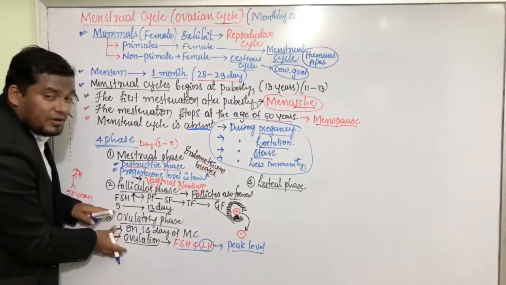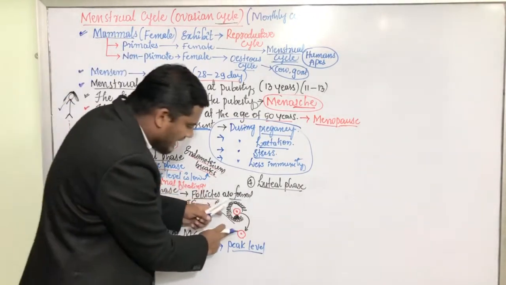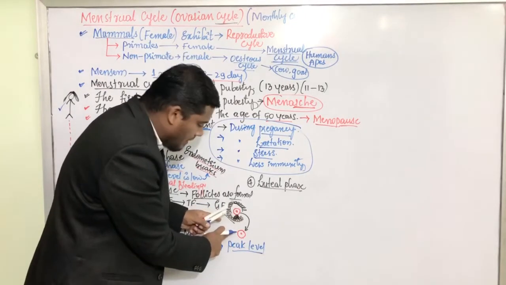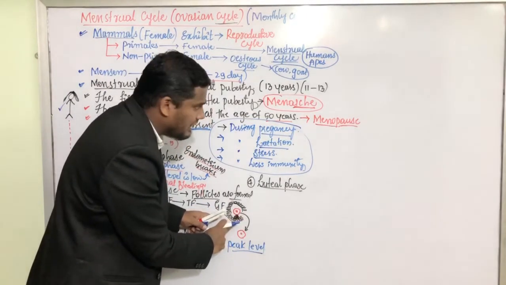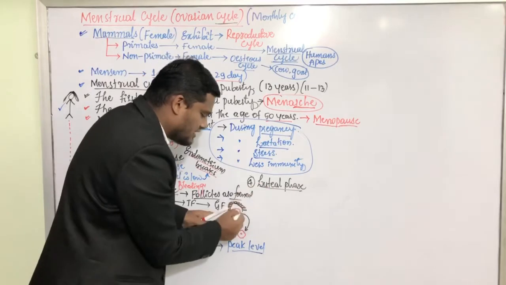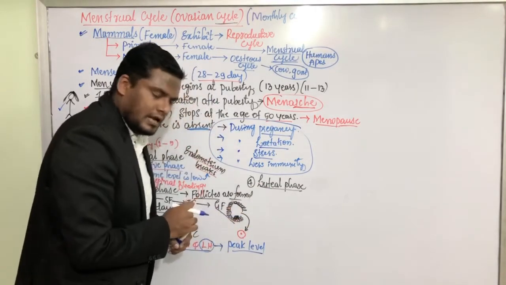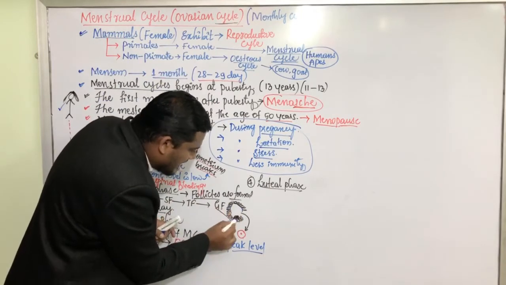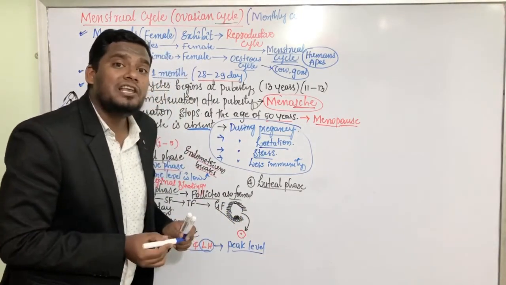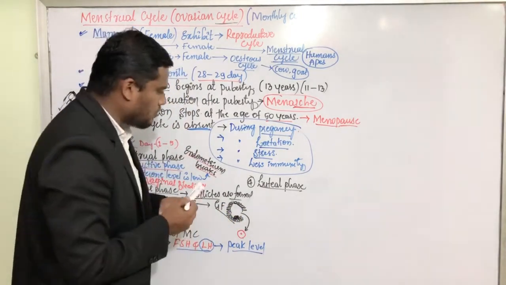Now after the 14th day, ovum gets released from the Graafian follicle. Graafian follicle से ovum जैसे release हुआ, now it is no more here. Now this structure is called as corpus luteum. It is called as what?